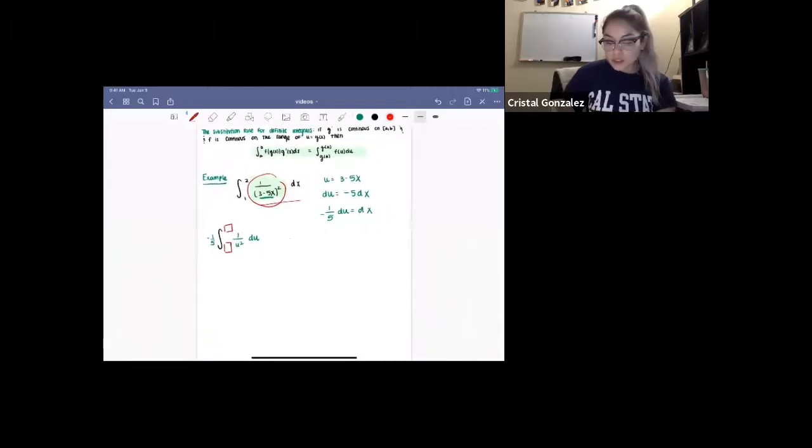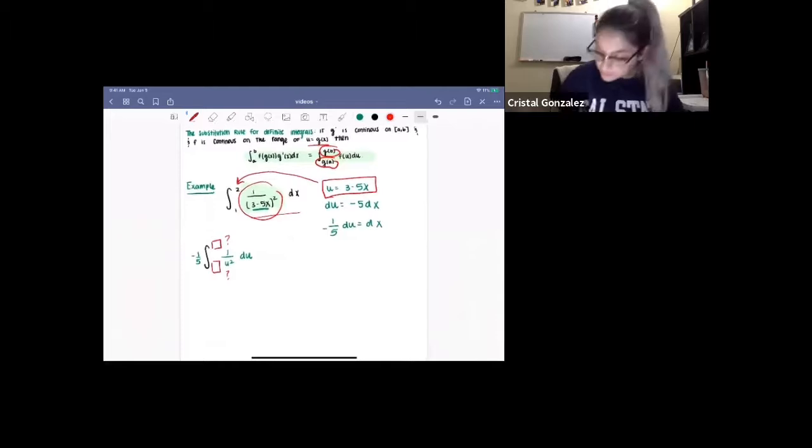How do we do this? We're going to consider what we let u equal and then what x is at that spot. The definition says that we let u equal g of x, and we evaluate g of b and g of a. So that's exactly what we're going to do: we're going to evaluate those bounds.